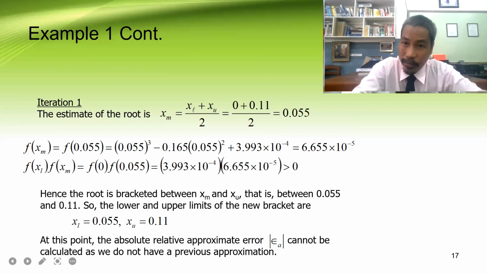So therefore, we will use the value of xm to be the new value of x lower. So our xl should become the new value xm, which is equal to 0.055, because the answer to this multiplication is positive.